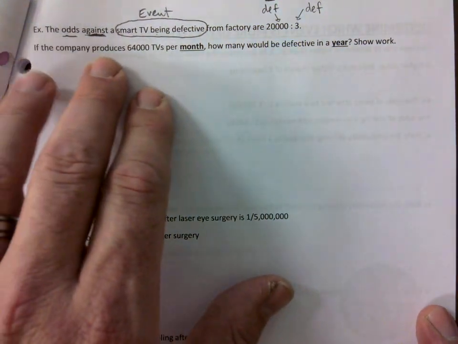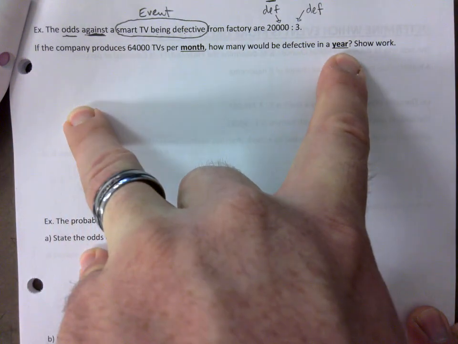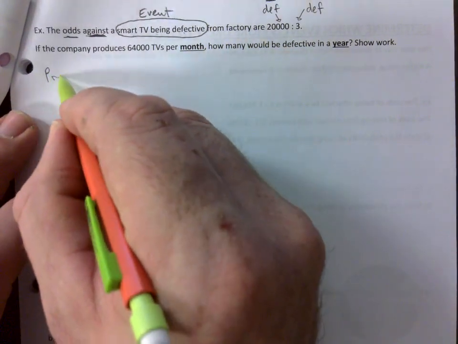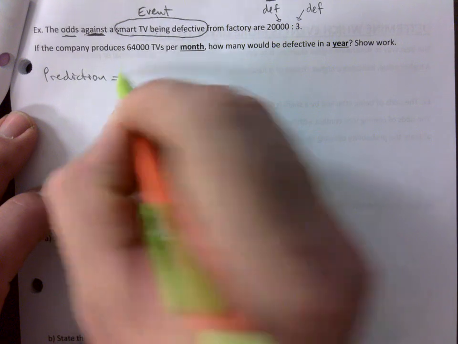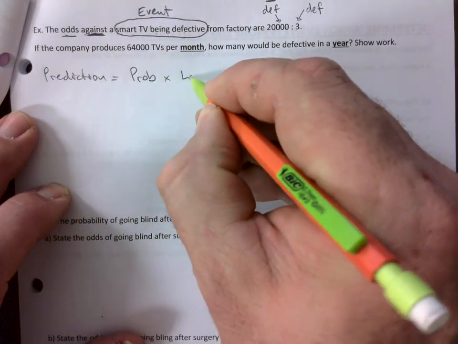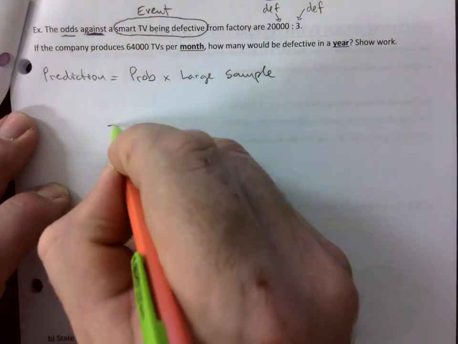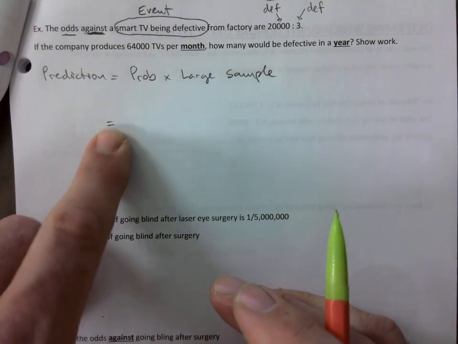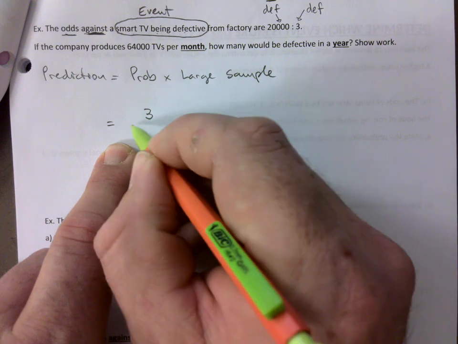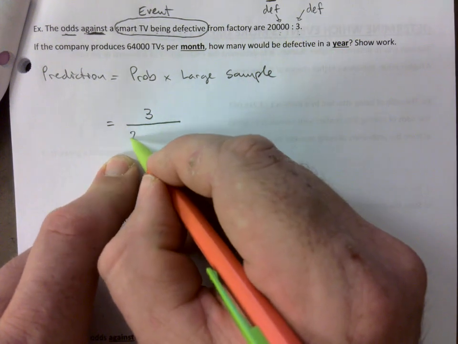So if the company produces 64,000 TVs per month, how many would be defective in a year? I will make a prediction. And I don't know if you remember, you have to take the probability and multiply it by the large sample. Okay? And here's where you have to pay attention. What's the probability of them being defective? Well, we know 3 are defective out of, remember, you add these up when you get a probability out of them.